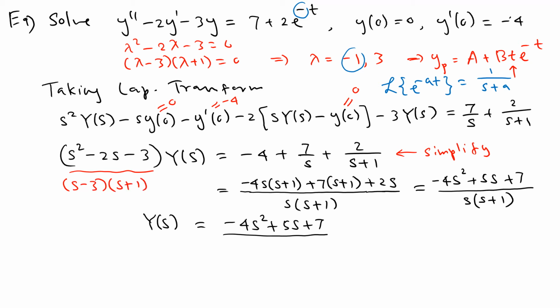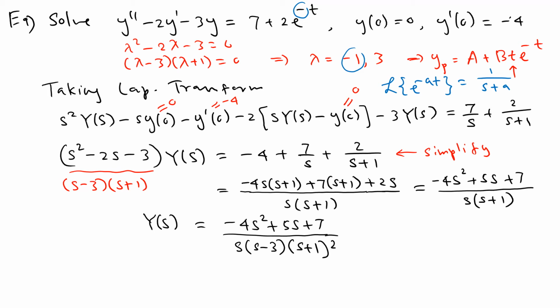Those are the two factors. So we can divide by that, and you're going to get s, and then we have s minus 3, and we have (s plus 1) whole thing squared, because there's another s plus 1 term. So that's what you get.